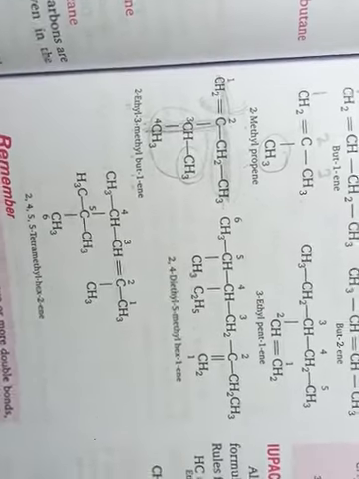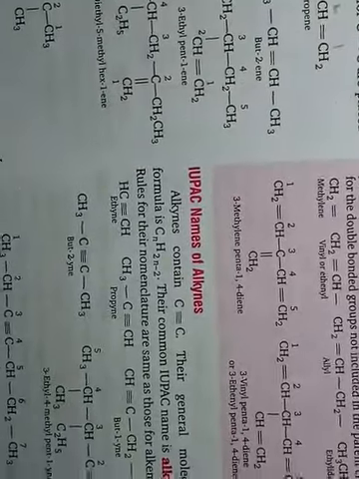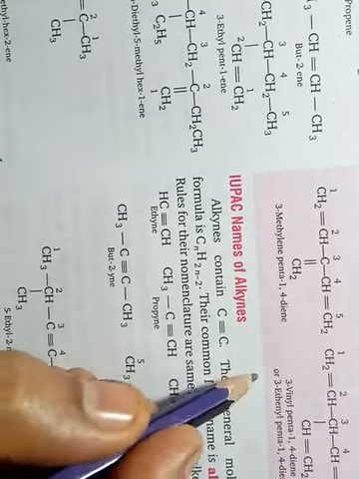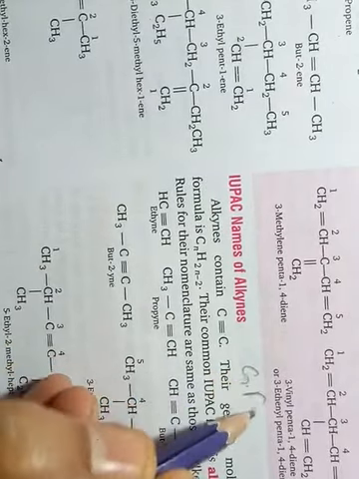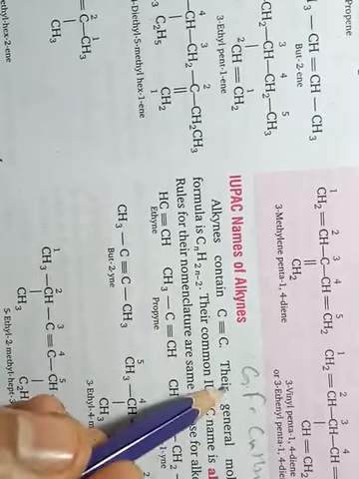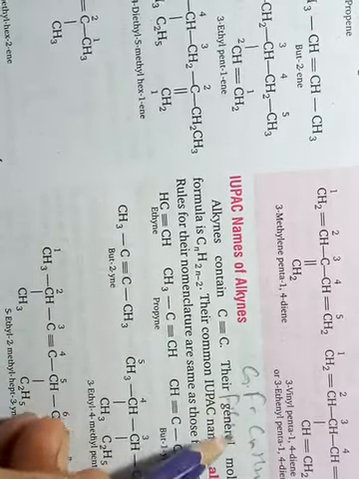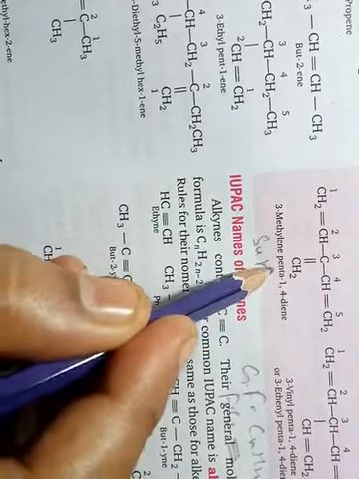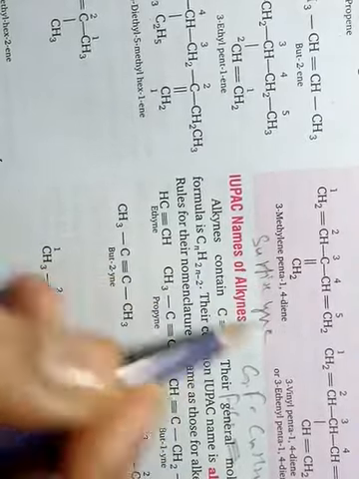Then next is alkynes. So alkynes are the compounds which are having general formula CnH2n-2 and the functional group as C≡C triple bond, and suffix is -yne. Alkynes have the suffix -yne.